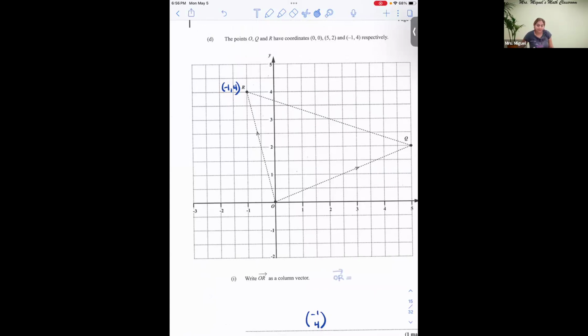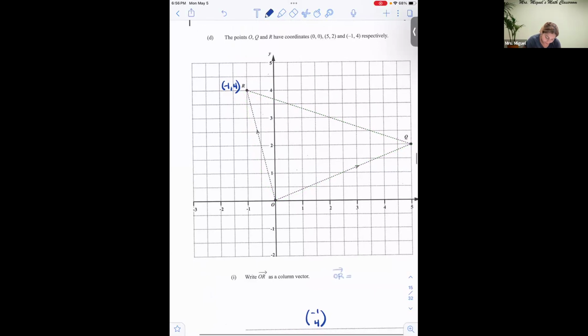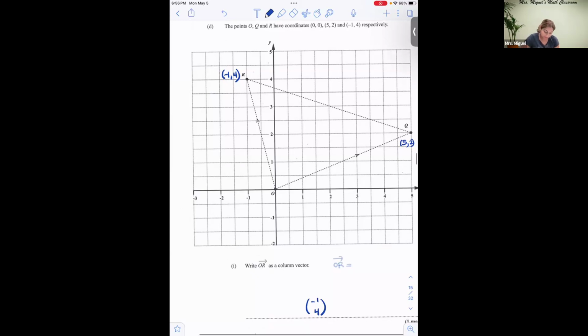So to go from Q to R, we could go from Q to O and then O to R. So Q is the vector 5, 2, and we want to go from Q to R. So let me work it out.